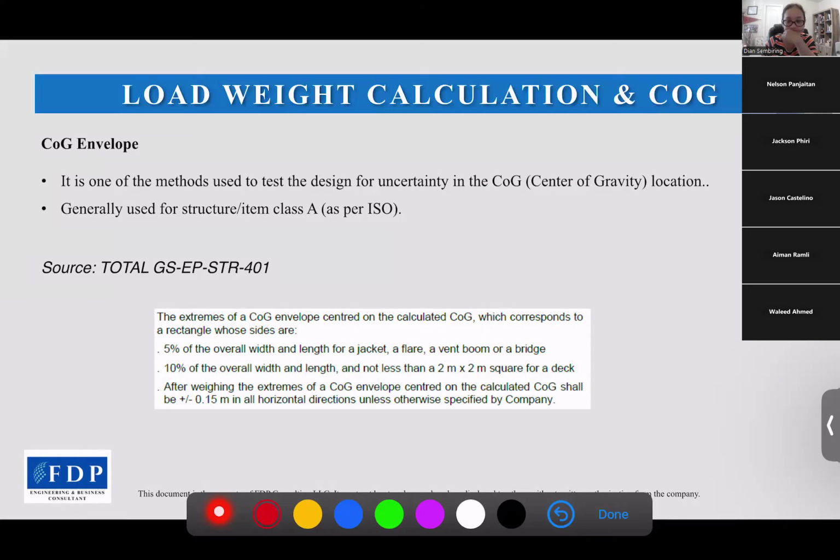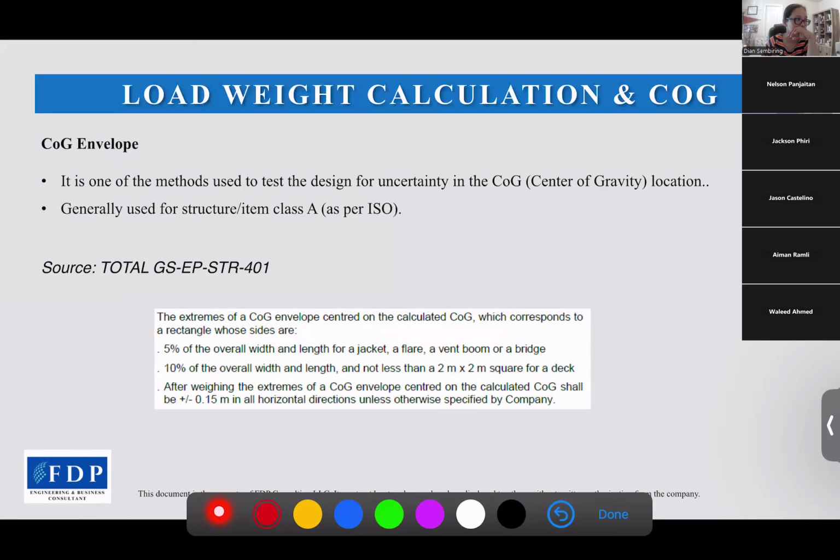So yeah, that's all. And then beside the weight contingency, to get the gross weight, we also need to consider the COG uncertainty. There are two methodologies that we use to consider the COG uncertainty. First is a COG envelope, and the second is a COG factor.